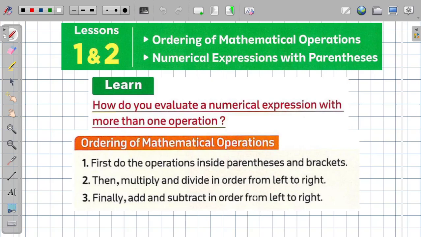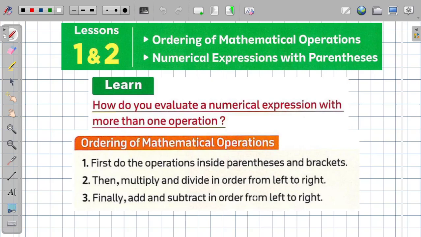First, let's learn how to evaluate a numerical expression with more than one operation. If we have many operations in one expression like multiplication, division, addition, subtraction, all of these operations in one expression, how to evaluate all of these expressions? So, what can we do?